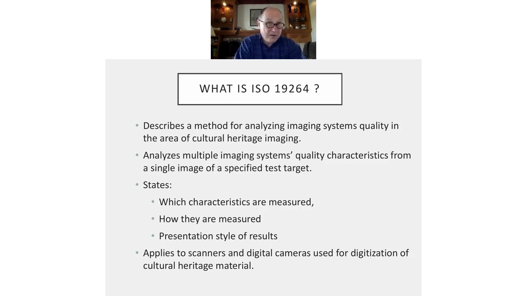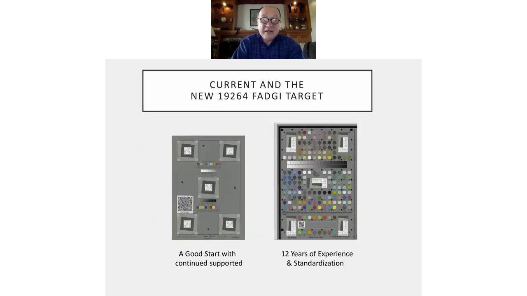So let's get to it: what is this new target? Here's the current FADGI target and the new one that is being suggested under the FADGI umbrella. The one on the left, many of you probably recognize it and perhaps are already using it, and that's what we call the device level target.